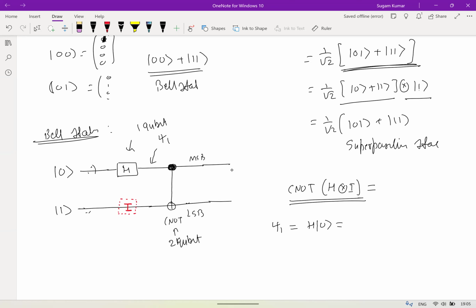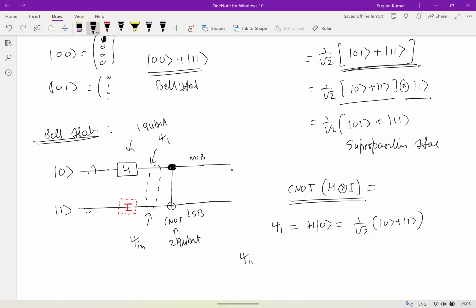When I go step by step, I apply H first on 0, which gives 1 by √2 times 0 plus 1, and the other qubit is 1. Now let me call the combined wave function psi in.